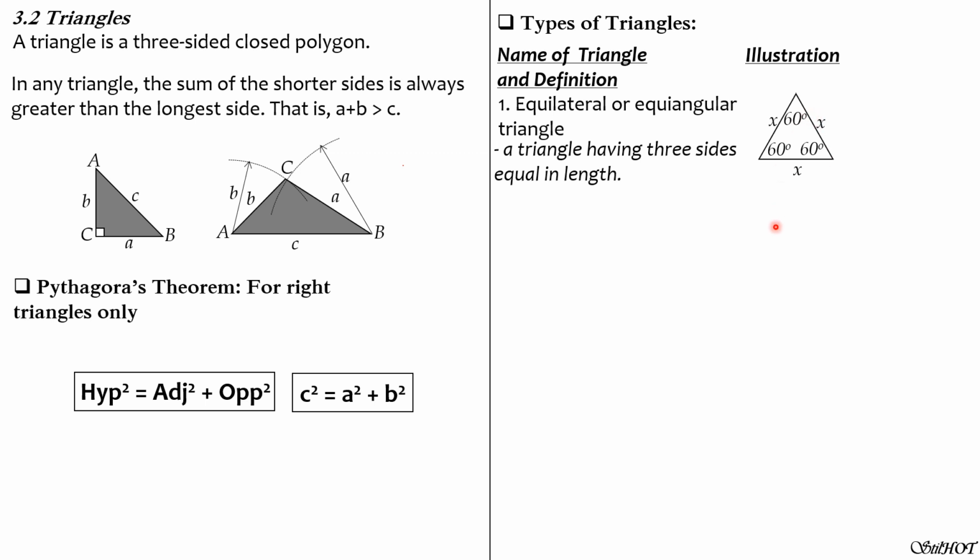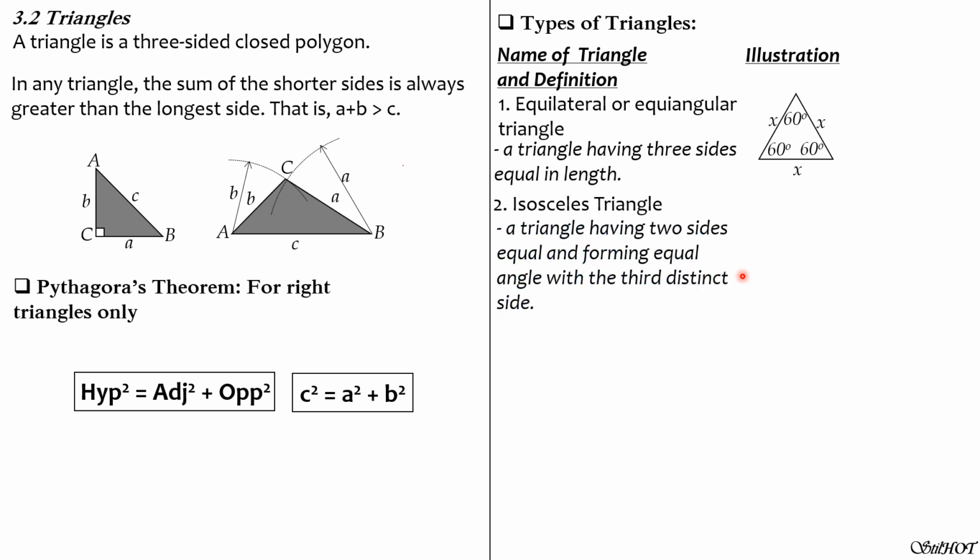You know that. Next is an isosceles triangle, having two sides equal and the interior angles opposite the equal sides also equal. That's an isosceles triangle.